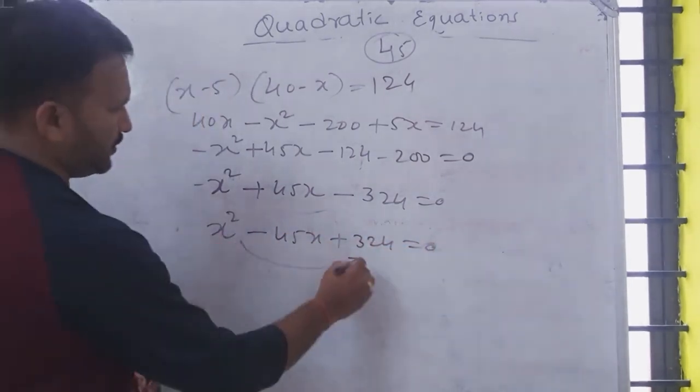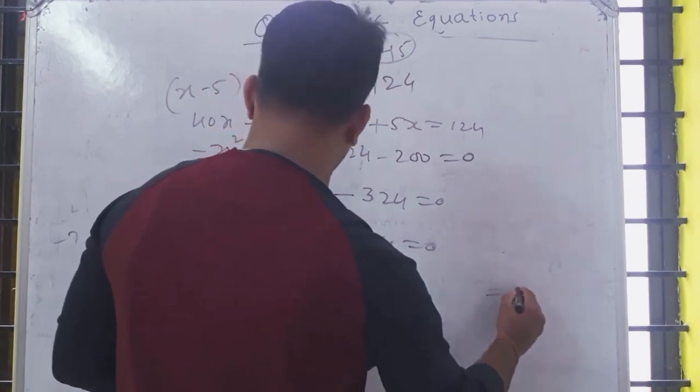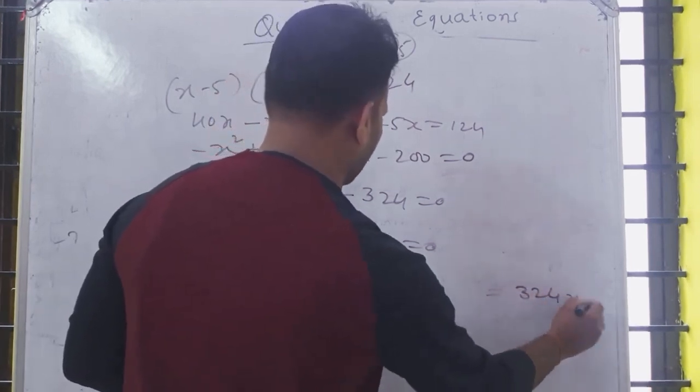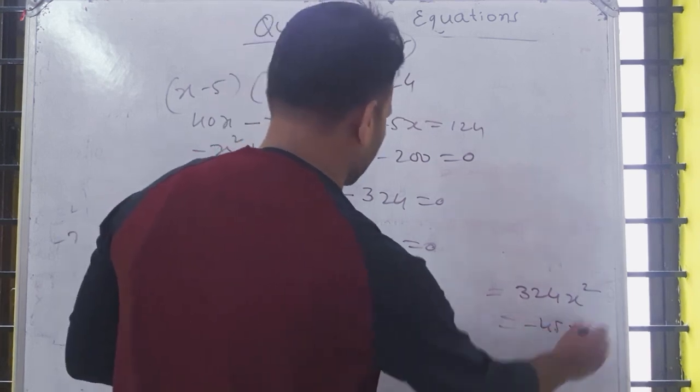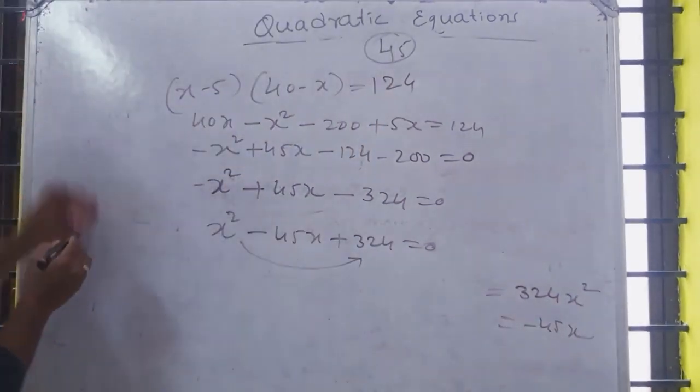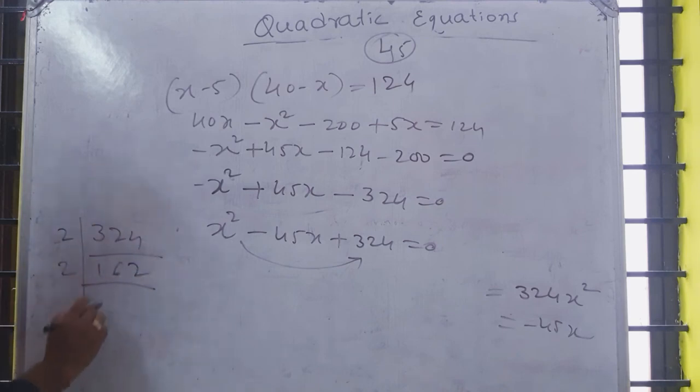Now first term into last term in the factorization method, it is positive 324 x square and minus 45x. Now we can perform this activity. 324: 2 1s are, 2 6s are, 2 2s are, 2 8s are.